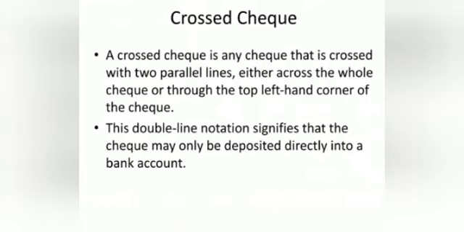Crossed check. A crossed check is any check that is crossed with two parallel lines, either across the whole check or through the top left-hand corner of the check. This double line notation signifies that the check may only be deposited directly into a bank account.